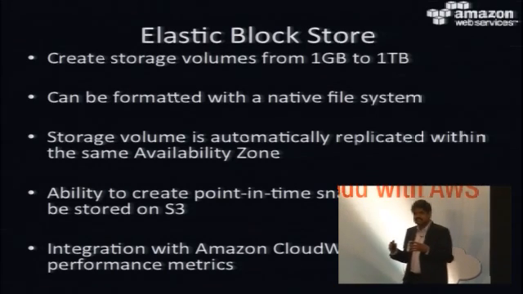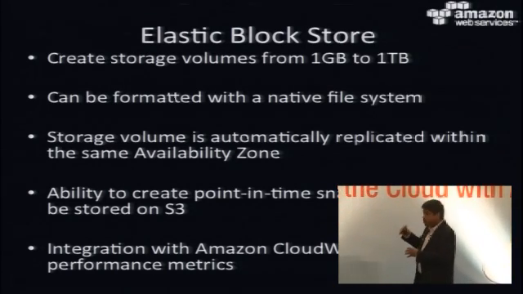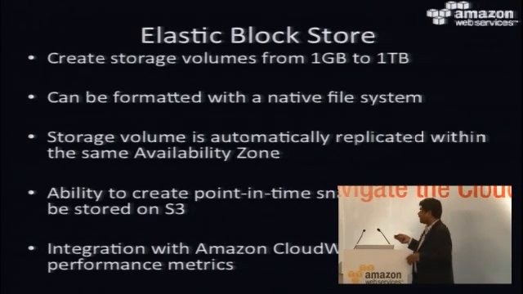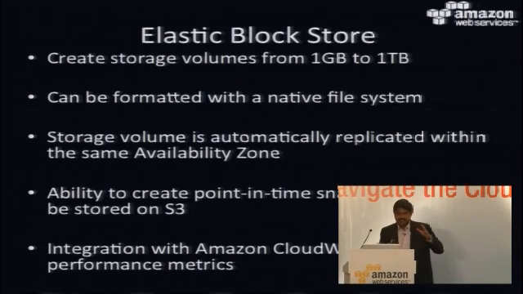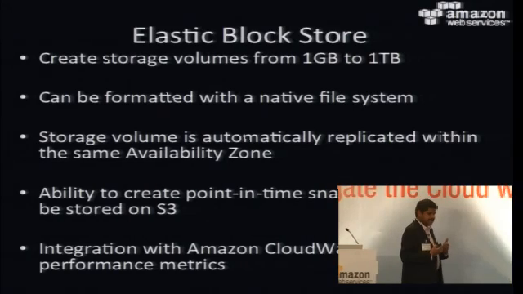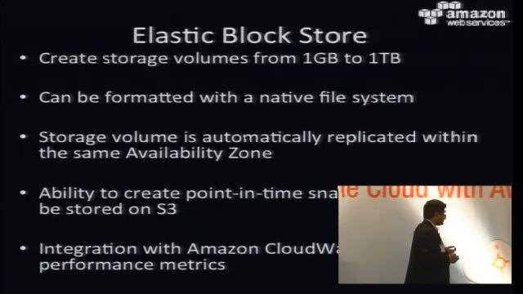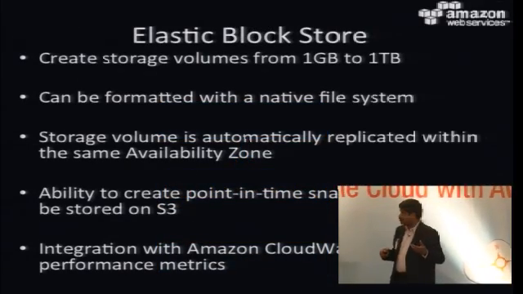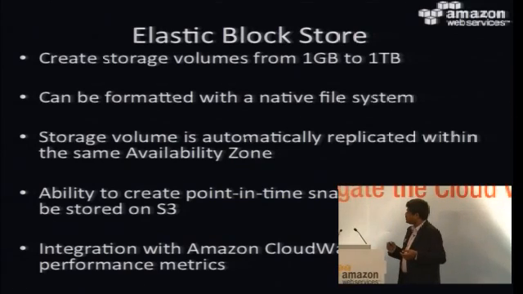So we offer you redundancy, and in case of any host failures, it automatically gets recovered for you without you even initiating it. And you can of course take point-in-time snapshots, keep them on S3, and recreate your entire EBS volume on demand when you want it. And you can also monitor certain parameters related to EBS within CloudWatch, the disk IO related metrics.